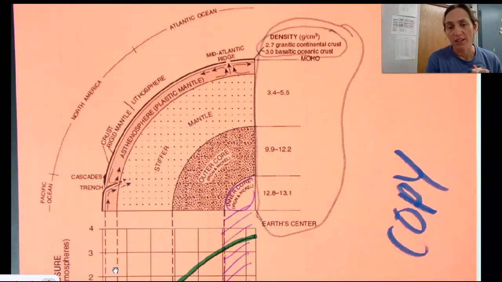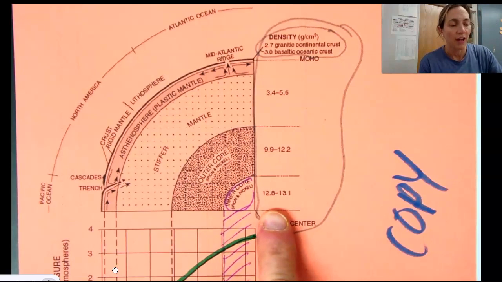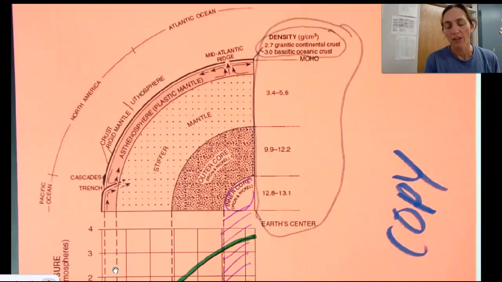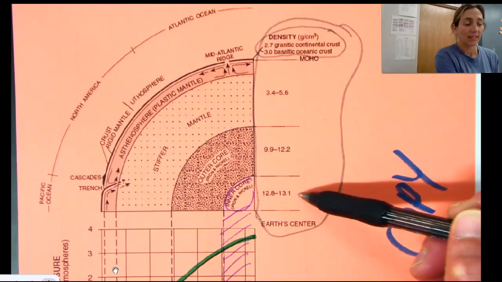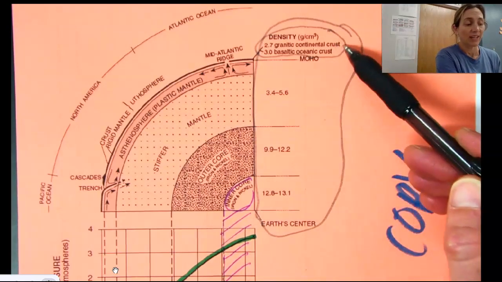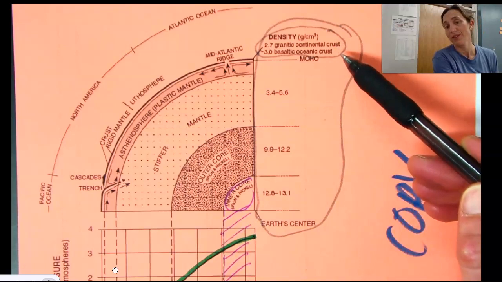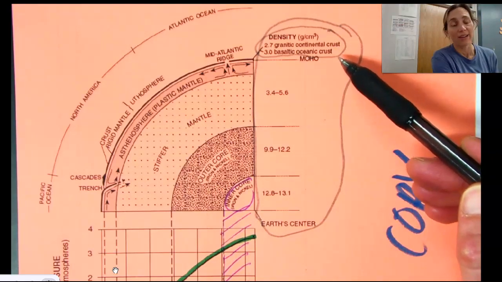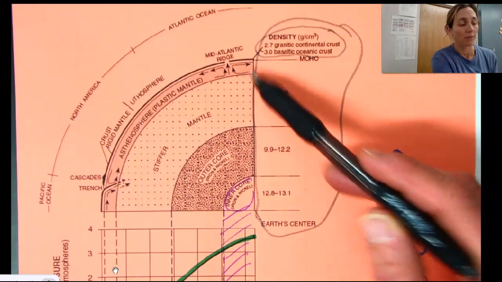But let's record the density for our inner core, and that's our number right there, 12.8 to 13.1. That's a huge difference between the density of the inner core and the density of our crust. So why is our crust floating on the top of everything else?